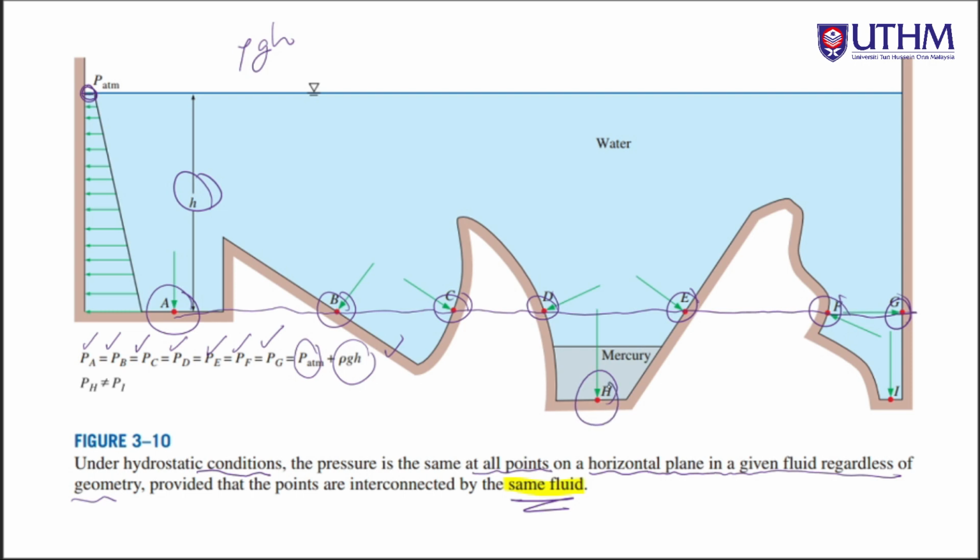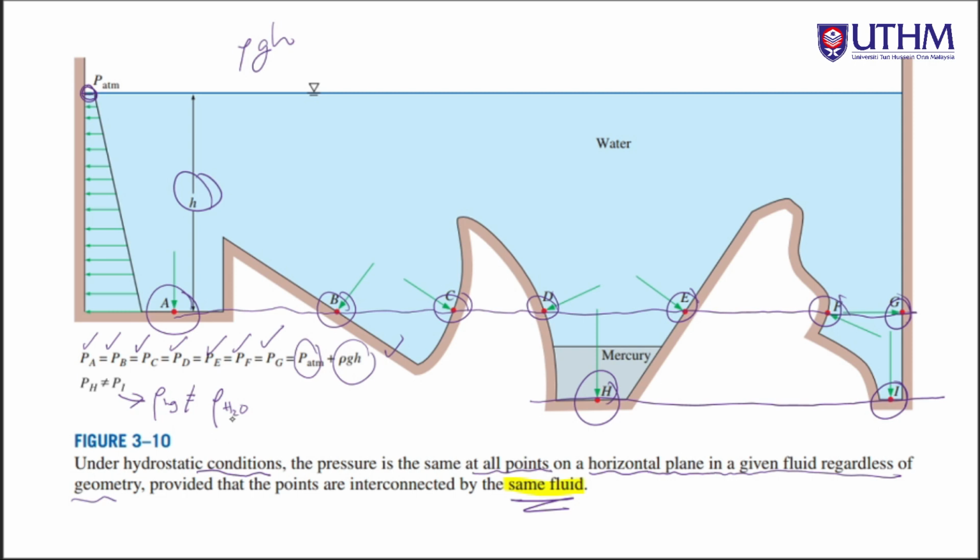However, dekat H dengan I, even though dia punya horizontal plane dia sama, tapi disebabkan it is not in the same fluid, the value is different. Sebab apa? Sebab dia effect dekat value of the density. Density of mercury is different than the density of water, in which the density of mercury is actually much higher than the density of water.